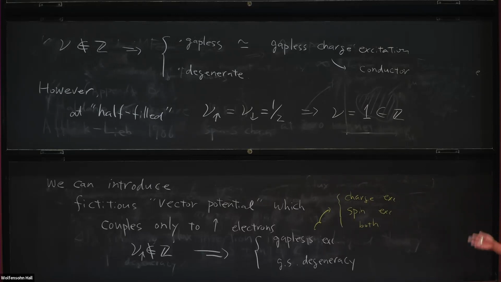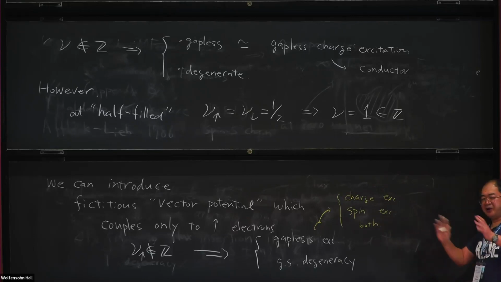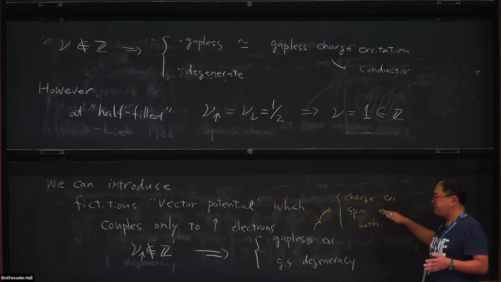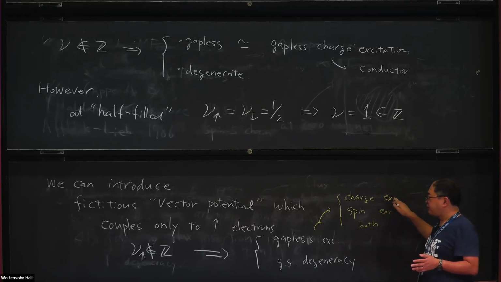Then there is no low energy charge excitation, but there is low energy spin excitation. Or in 2 dimensions, you would have a spontaneous symmetry breaking Néel state, but still there is gapless spin excitation corresponding to the Nambu-Goldstone mode. And in 1D, there is no SSB, but for the repulsive Hubbard model, you have gapless spin excitation but no gapless charge excitation. For the attractive Hubbard model at half filling, you have gapless charge excitation but no gapless spin excitation.